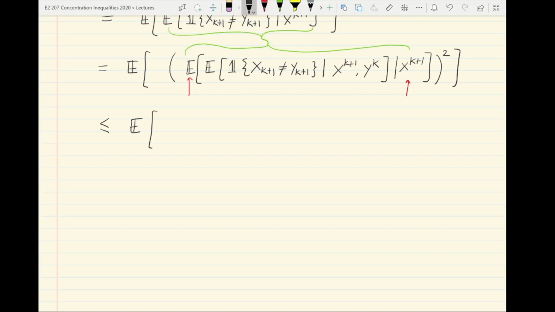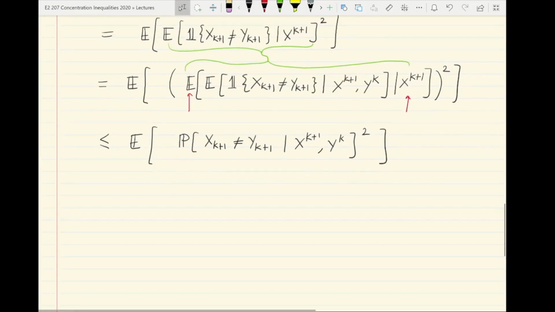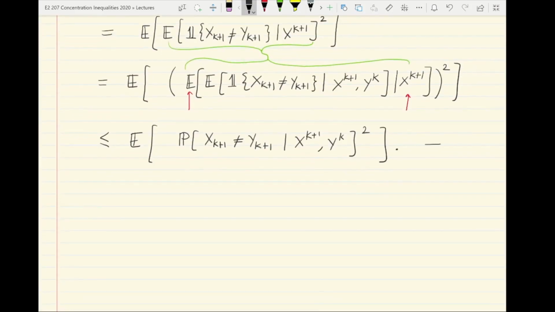And so imagine bringing the conditional expectation outside the square. What comes out combines with the E outside. Then what is left inside is the probability that xk plus 1 not equal to yk plus 1, given xk plus 1 comma yk, the innermost probability, which gets squared. Okay, so this is basically Jensen's inequality for the square function, in its conditional form, that we applied.